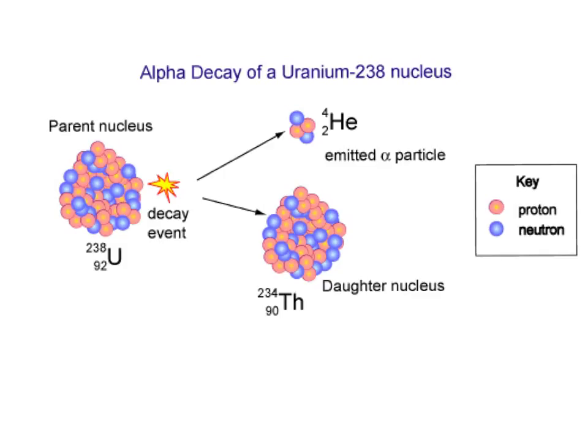An element will undergo radioactive decay if it has more than 83 protons. So we're looking at the later portion of the periodic table. For a stable atom, the ratio of protons and neutrons is very close. So for example, carbon has 6 protons, 6 neutrons, so it's a very stable atom.